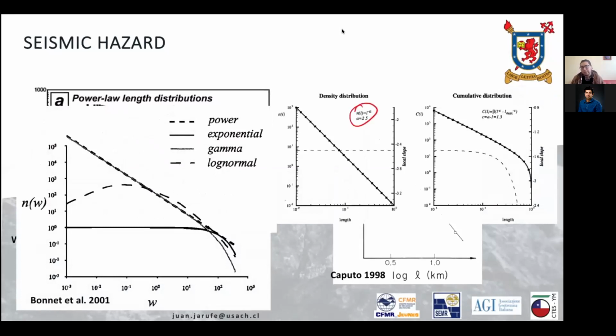So you can generate these fractures, and if you put these fractures into a numerical model, you can shear these fractures and create synthetic seismic data.